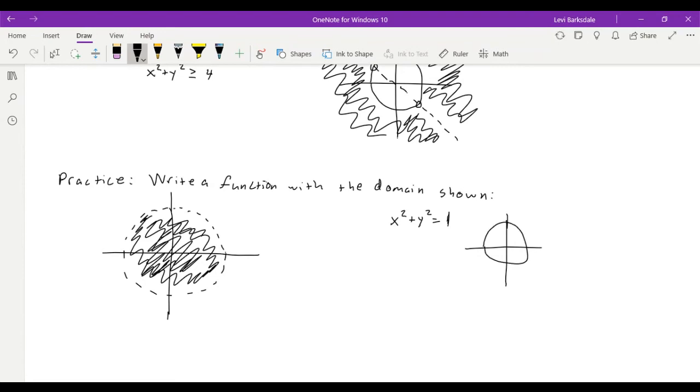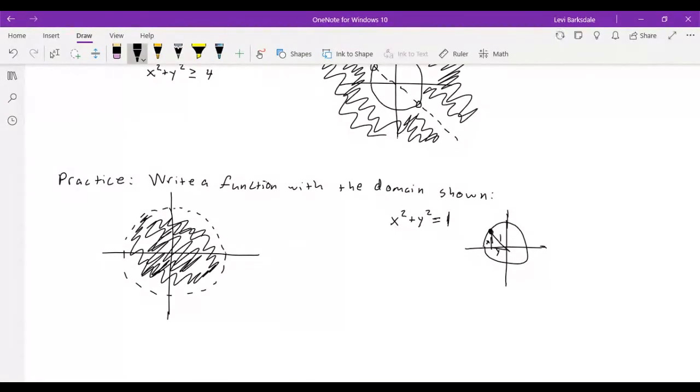It would be a circle of radius 1, not filled at all. The reason being, in order for x squared plus y squared to equal 1, you'd have to have the x component and the y component equal to this radius. So that's a good guess, but not quite.